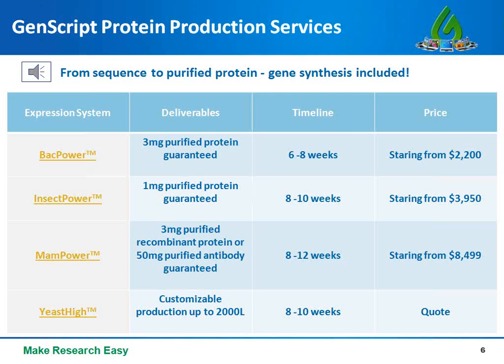No matter which expression system you finally choose, at GenScript, we have all the expression systems available, and each is equipped with our proprietary technologies and specific guarantees to ensure the quality and quantity of the purified proteins. I want to point out that all these listed services here start from gene synthesis with free codon optimization, and the price includes the gene synthesis fee.